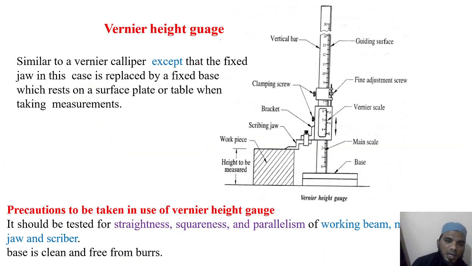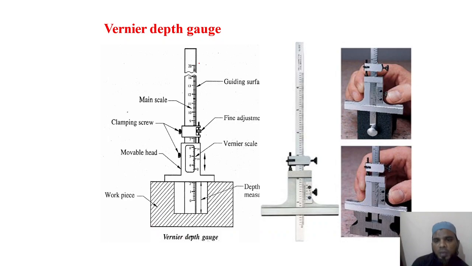It is nothing but a digital vernier gauge. So for the vernier height gauge, vernier depth gauge and vernier calipers, digital versions already exist, which are the latest in measurement.